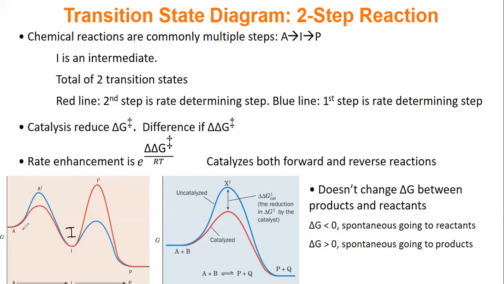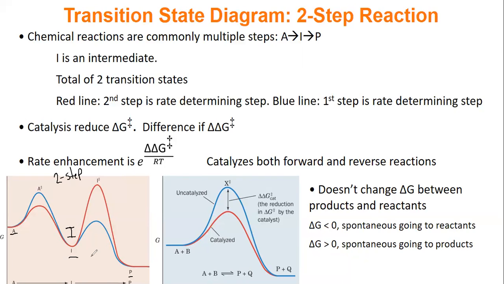So here, this is a two-step mechanism, right? Our first step is going from our reactant A and making our intermediate. That has some energy to go along with it, and it has some speed to go along with it. Then our second step is to change our intermediate into our product P. Again, that has some energy and some rate to go along with it.